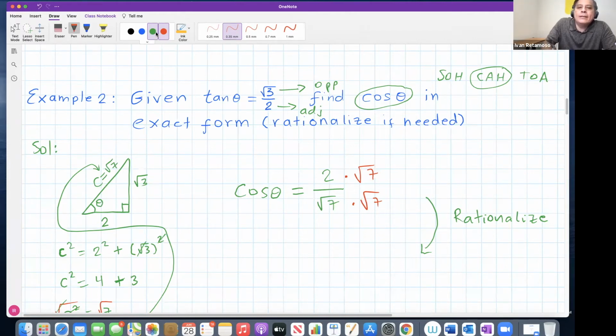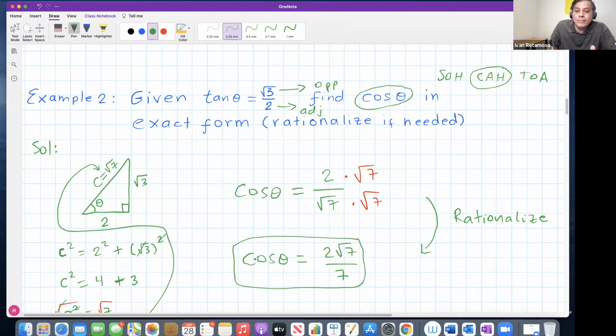If you do that, your answer rationalized should be equal to 2 times the square root of 7, and over here the square root of 7 times the square root of 7 is the square root of 49, but that is just the number 7, right? This is the answer rationalized in exact form.